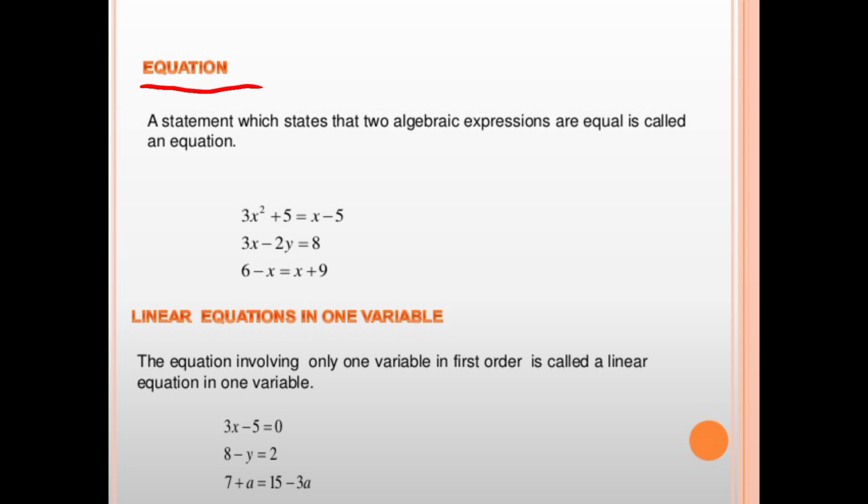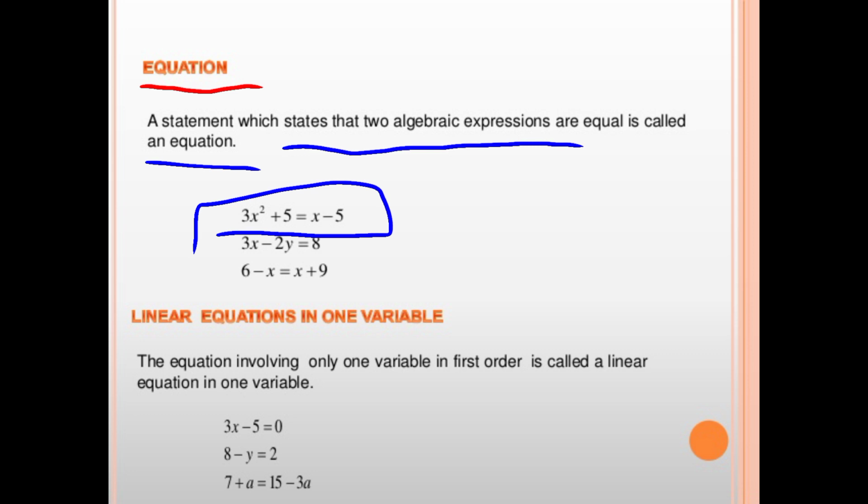Here you can see a statement which states that two algebraic expressions being equal is called an equation. Now look at this. This is an equation. On the left hand side it is 3x square plus 5, right?